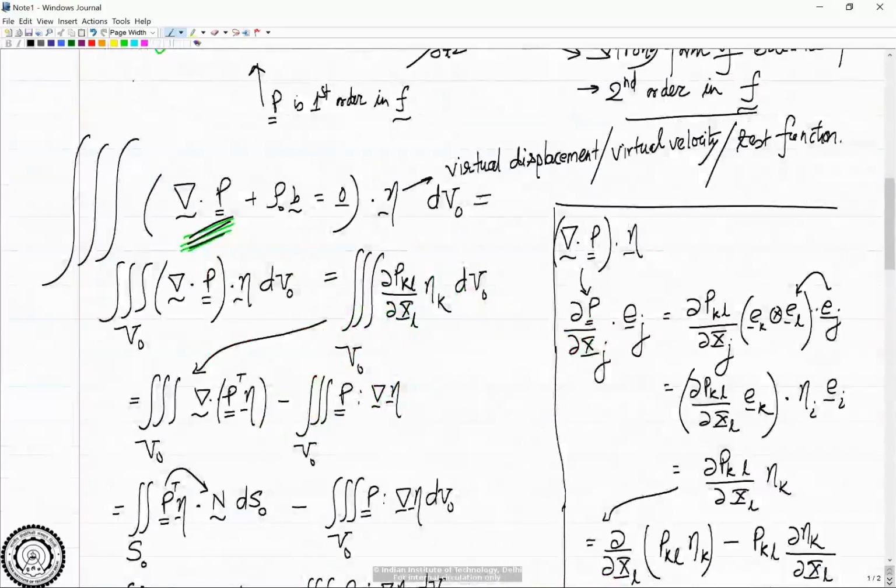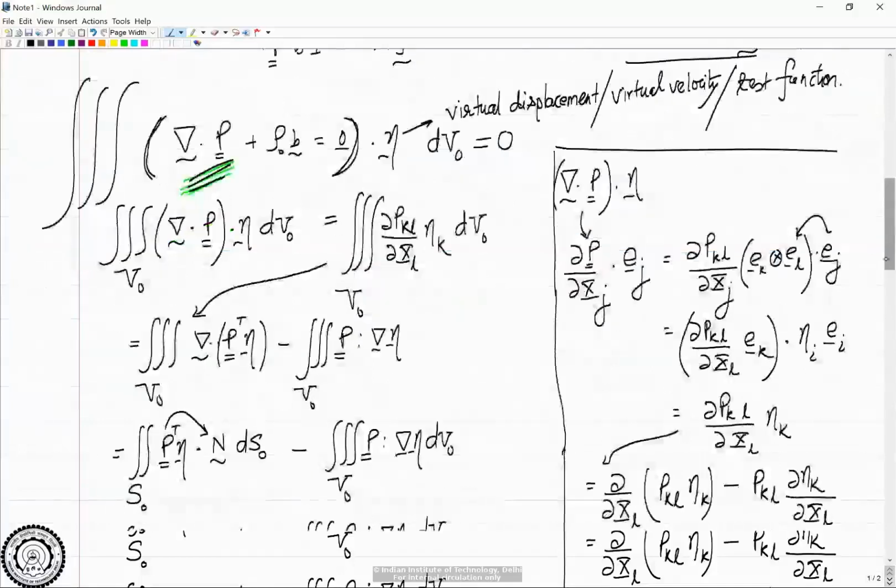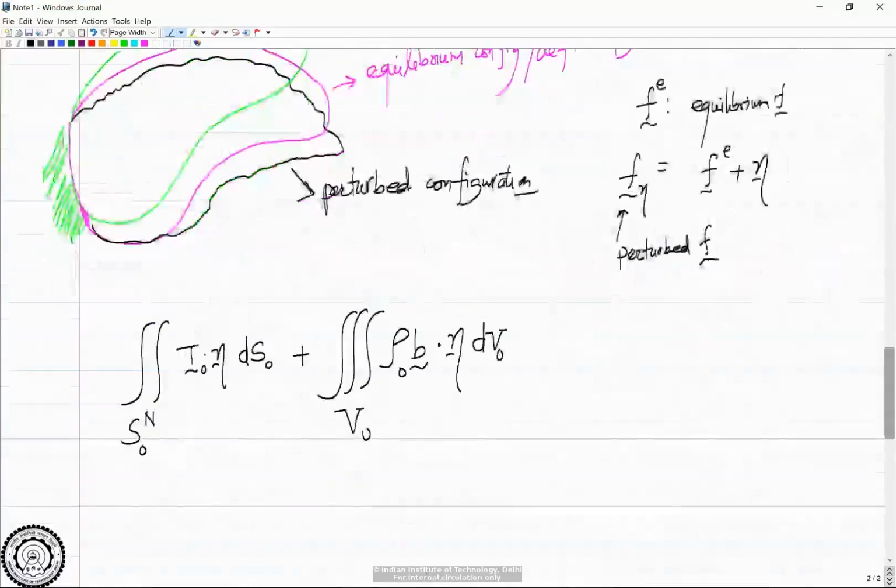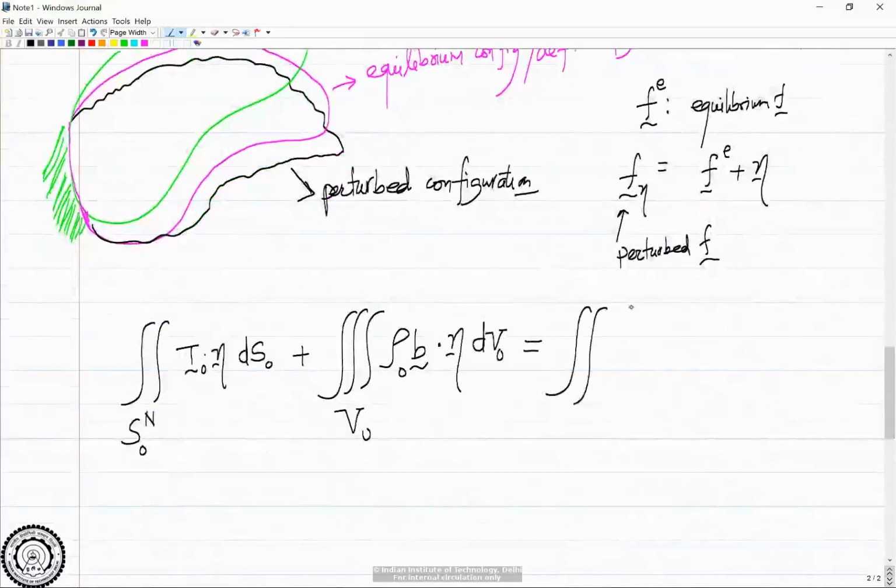You see this whole thing is equal to 0, isn't it? Because the thing inside the bracket is 0 due to equilibrium. So when you multiply with eta, it will still be 0, and when you integrate over the entire volume, it is still 0. So when you bring it to the other side of the equality, you get the following.